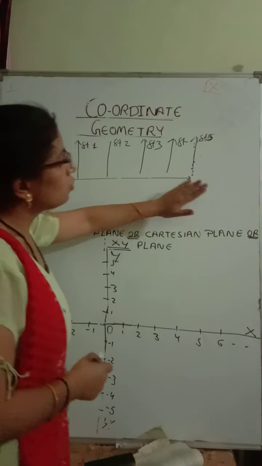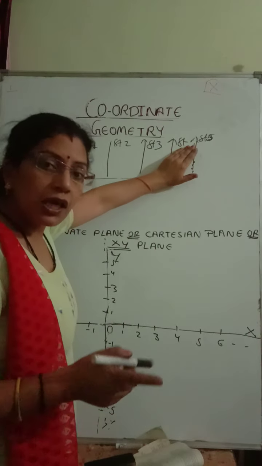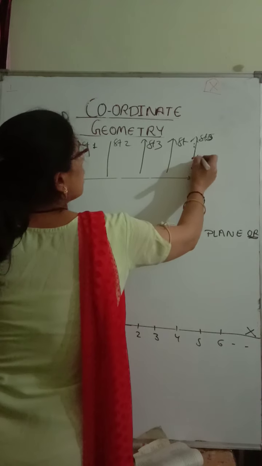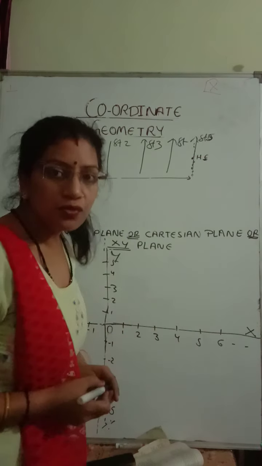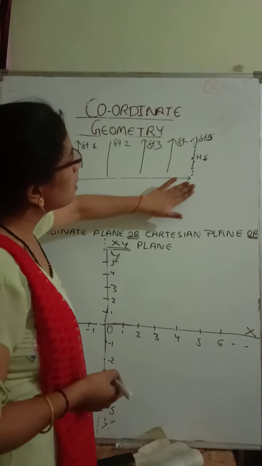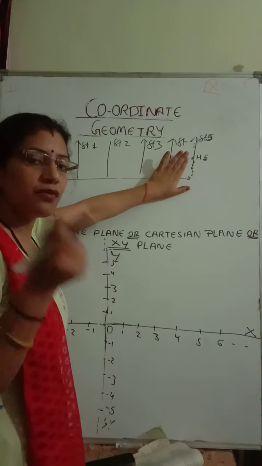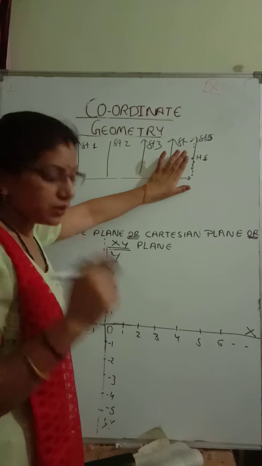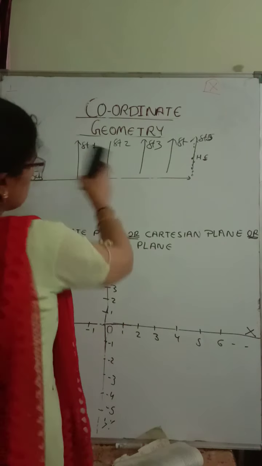If I say go to street number 5 and house number 6, 1, 2, 3, 4, 5, 6, house number 6, then you will reach Radha's house directly. So that means for finding the position of some object, you want at least two pieces of information.